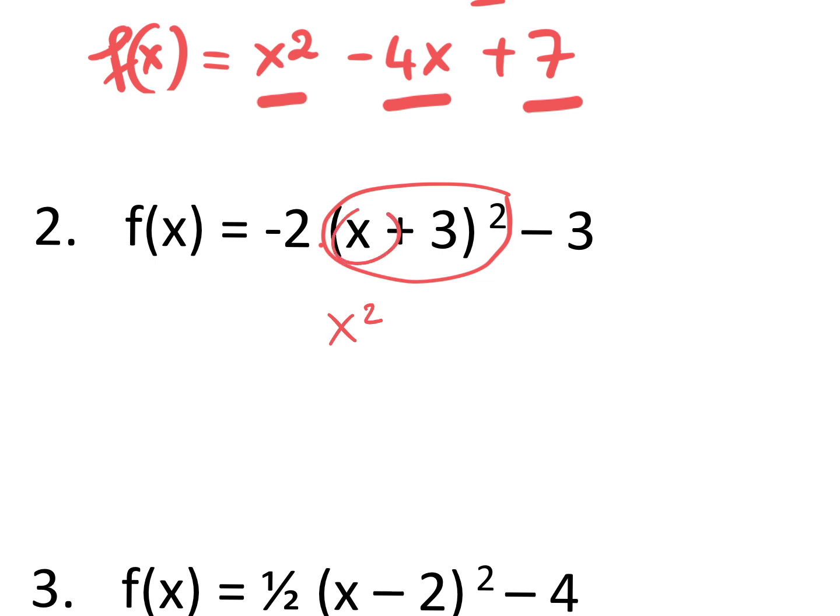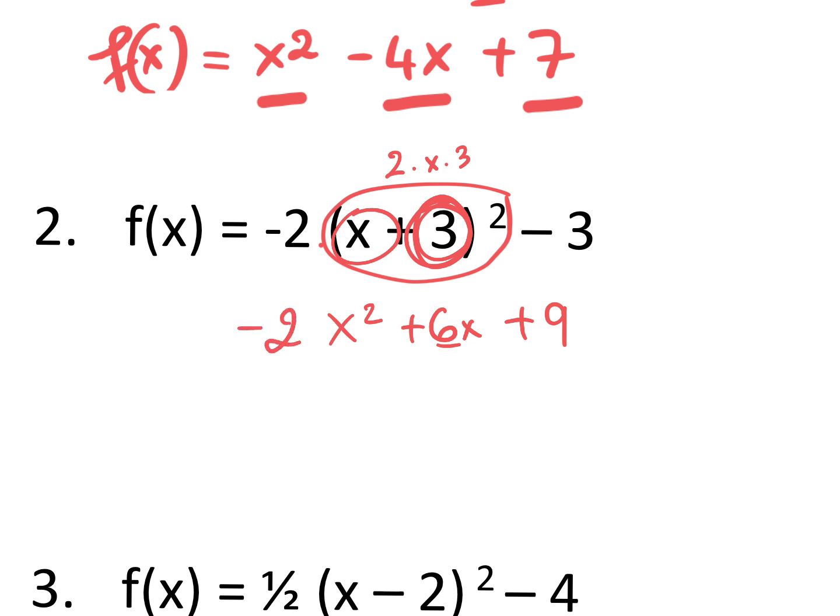We double the terms, so double 3 will be 6, and then drop out the x. Instead of 2 times x times 3, it's the same thing as 6x, right? And then we square the second term, 3 squared, which is 9. Okay? It's not 6, it's 3 squared, 3 times 3.